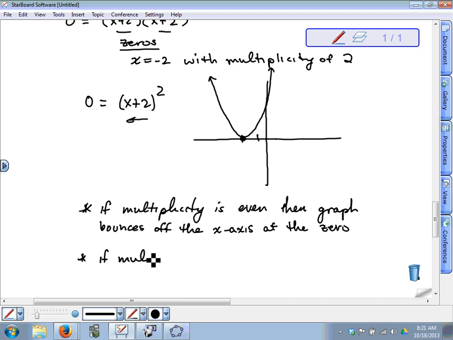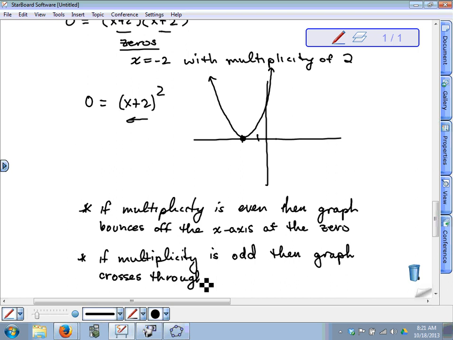If the multiplicity is odd, then the graph crosses through the x-axis at the 0.